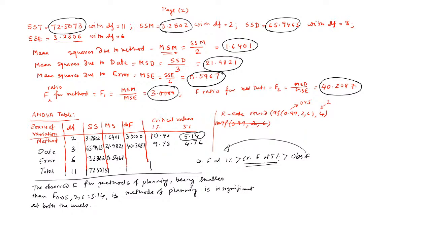But the observed F for dates of, sorry, this is a mistake, this is planting, not planning. For method of planting, it's changing planting.